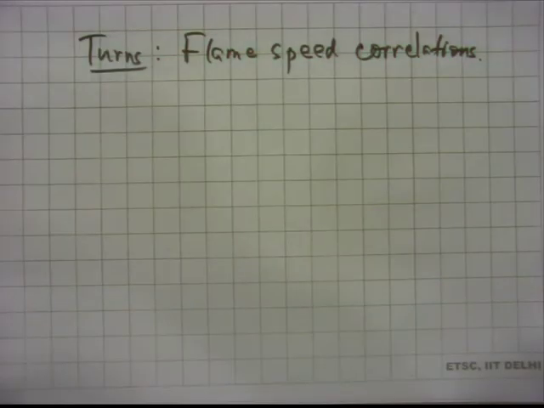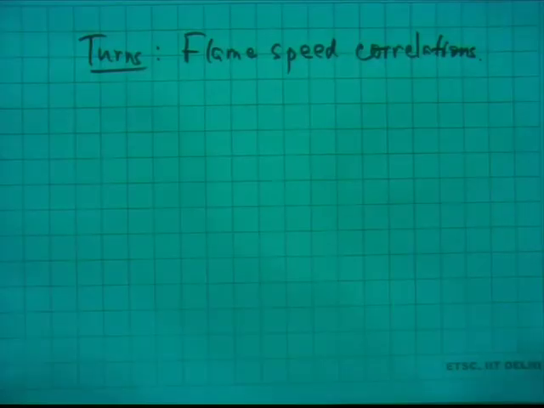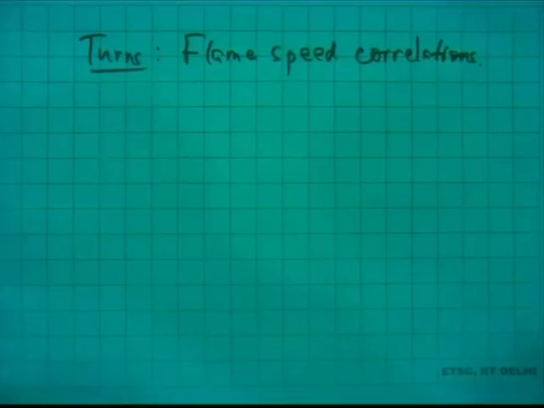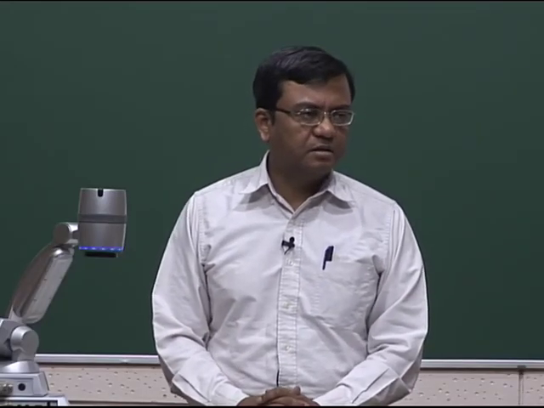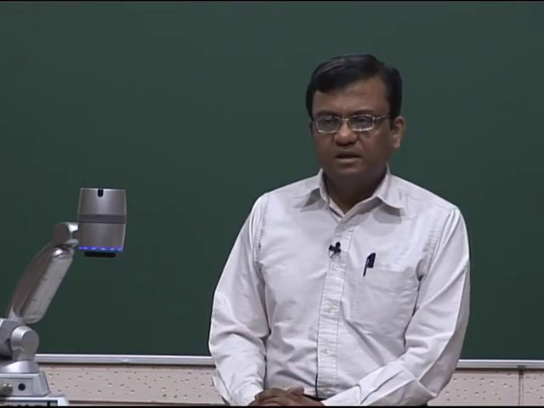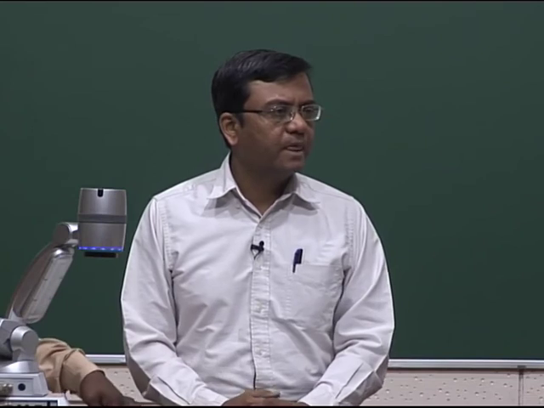Now, for that mixture they have measured burning velocity, and from the burning velocity data they have constructed correlations, and those correlations involve things like pressure, temperature, equivalence ratio. In fact, some of these experiments have also been done with inert gas, looking at the effect of diluents. Diluents are inert gases, like I mentioned, argon or nitrogen, affecting the flame.